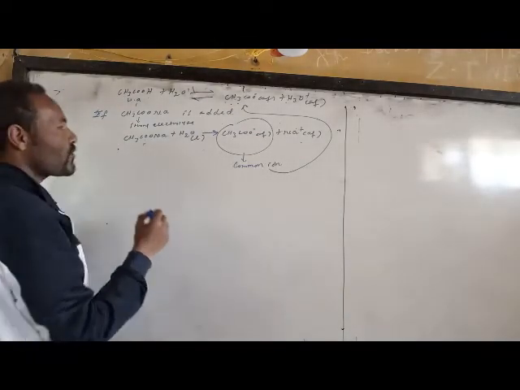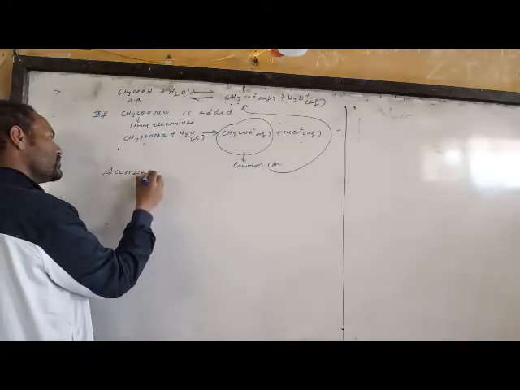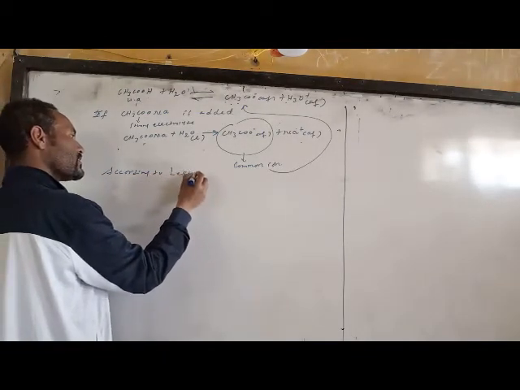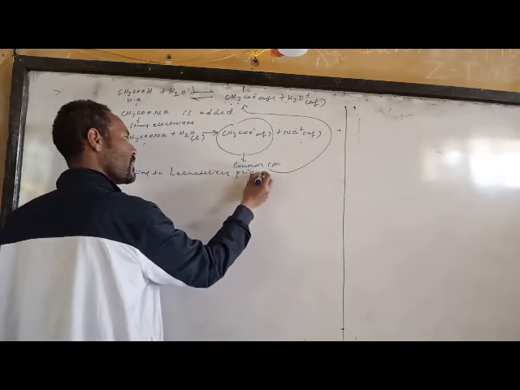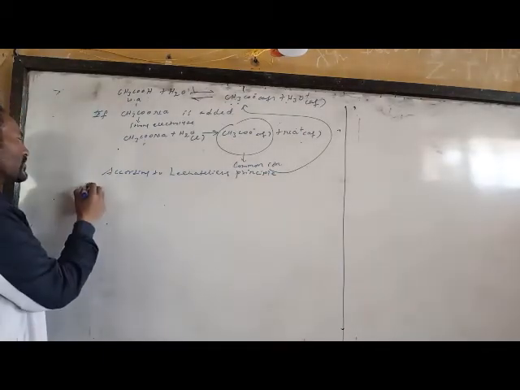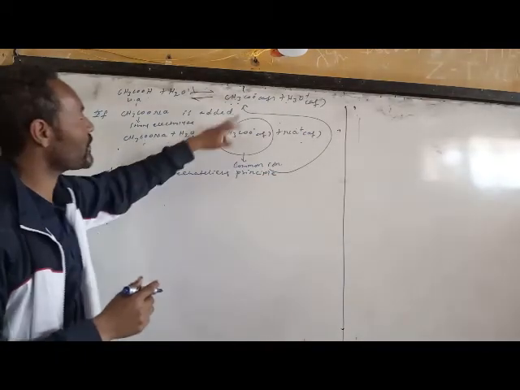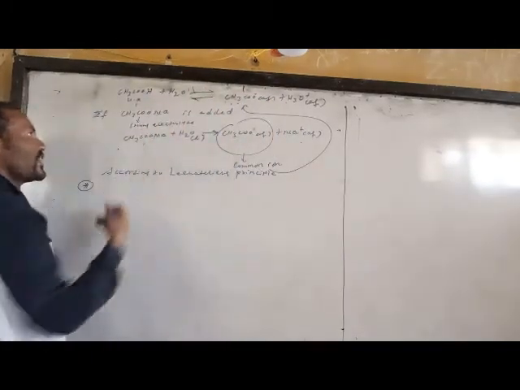So now, according to Le Chatelier's principle, the addition of the acetate ion to this chemical equilibrium will cause the equilibrium to shift to the left direction.